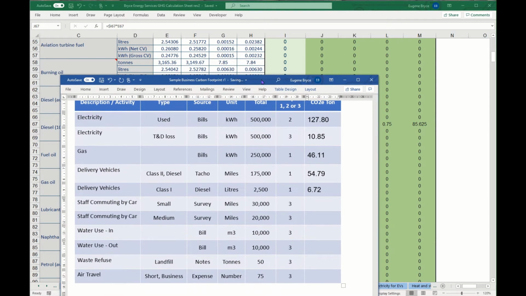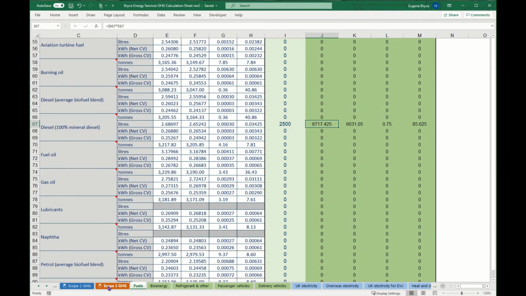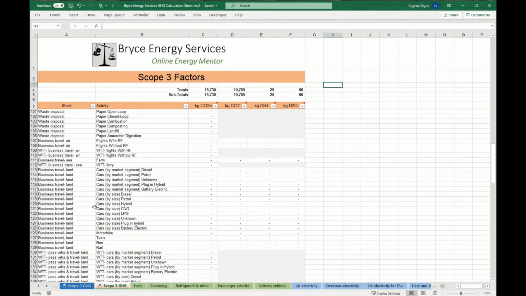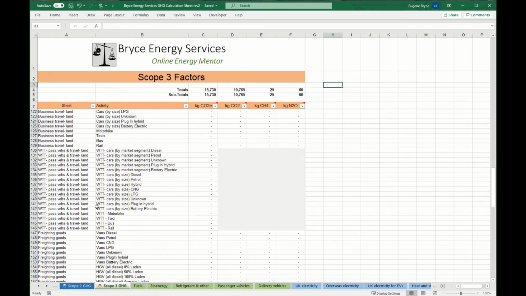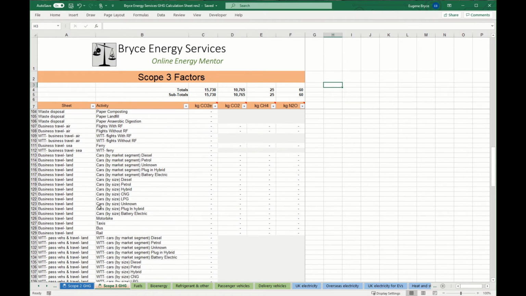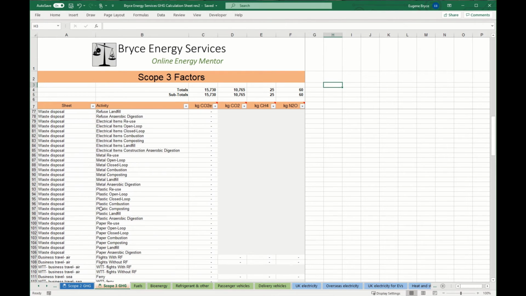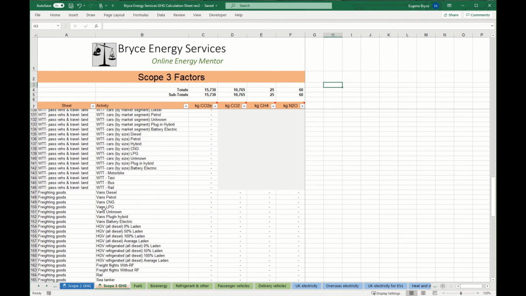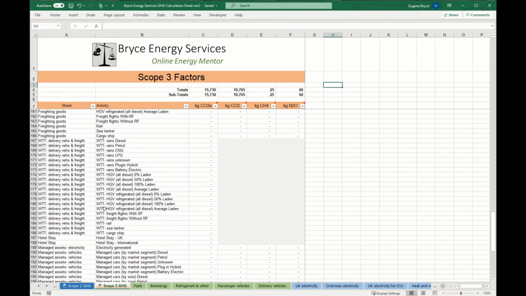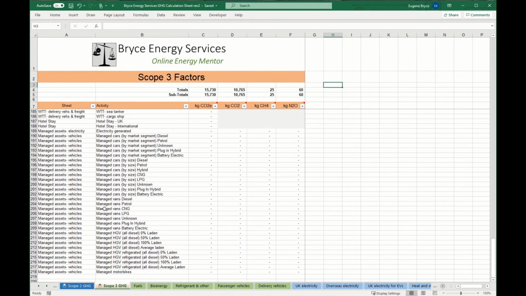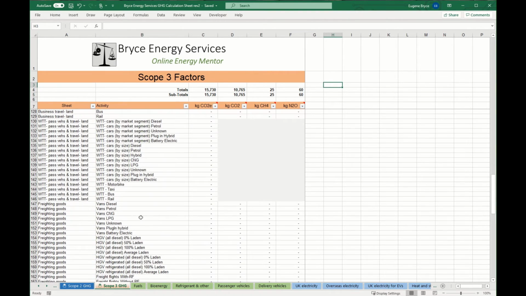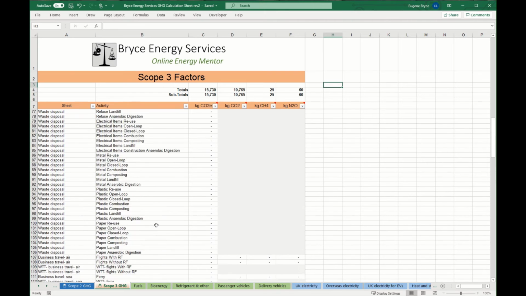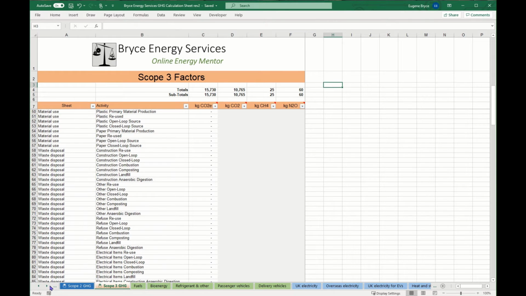Commuting, staff commuting by car. This is scope 3, and let's go and add that.